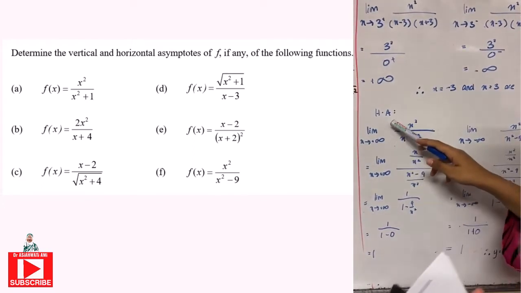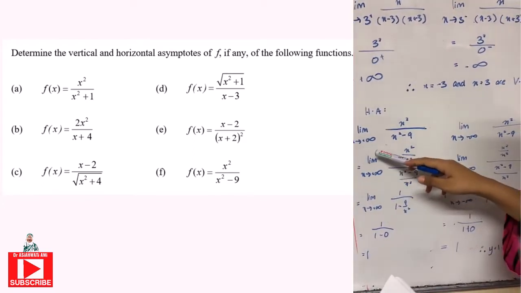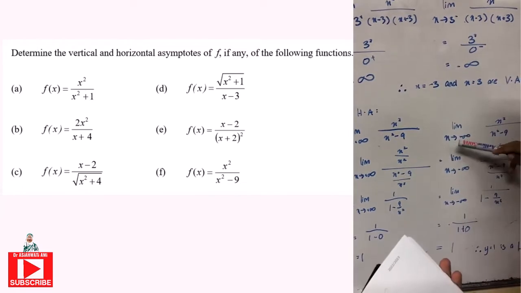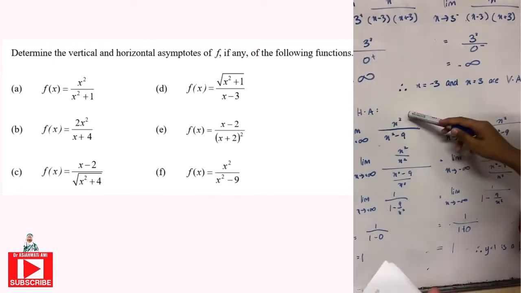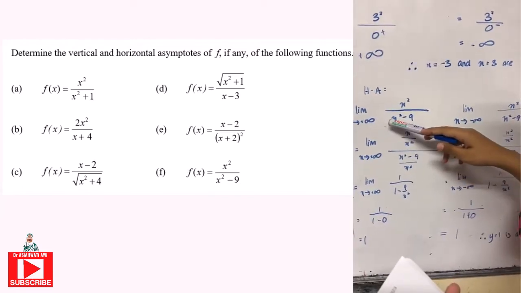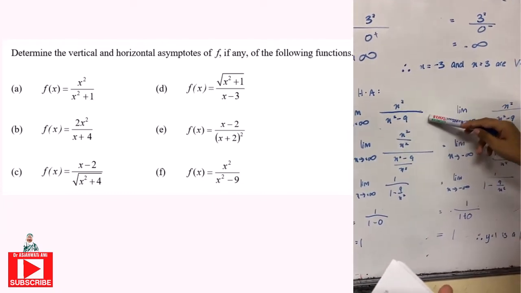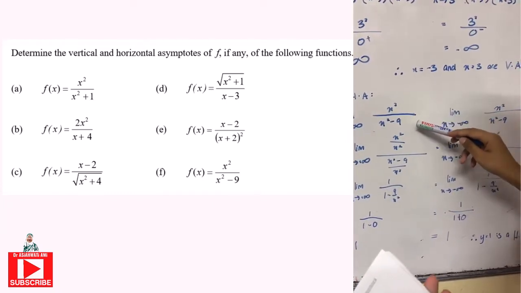Then for the horizontal asymptote, we use the limit as x approaches positive infinity and the limit as x approaches negative infinity. If we substitute infinity into the earlier equation, we get an indeterminate form.